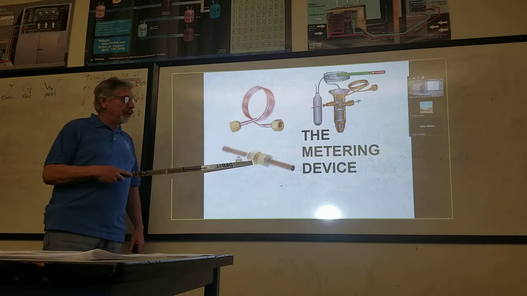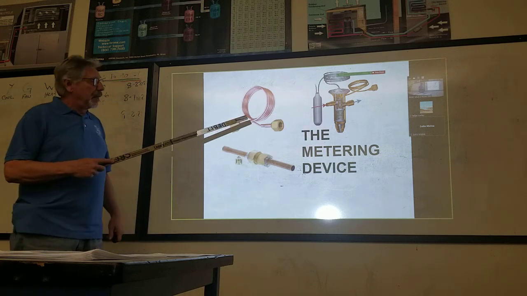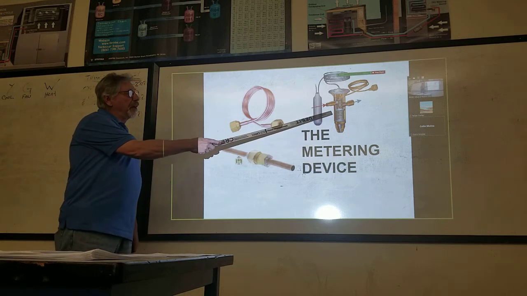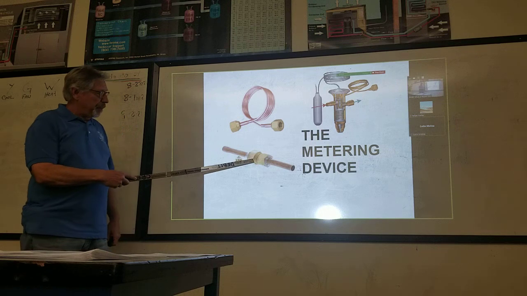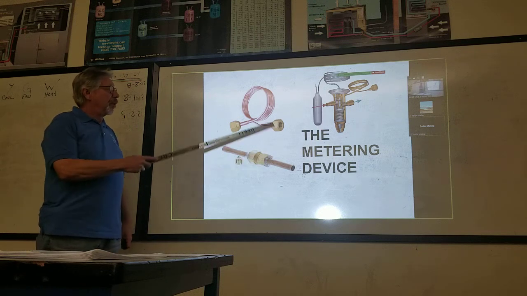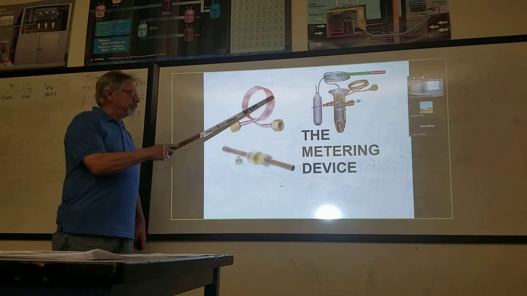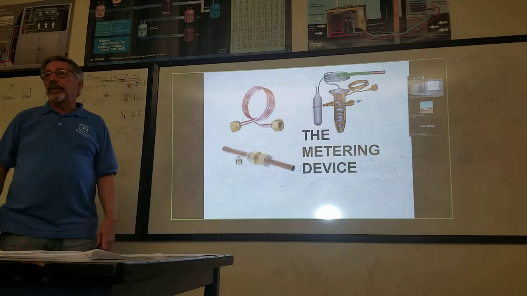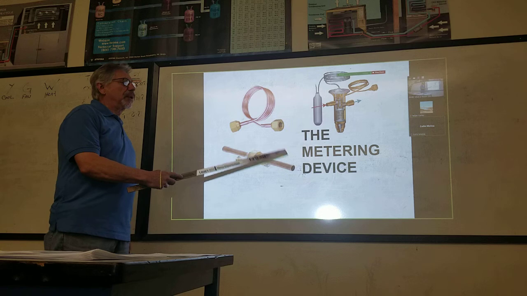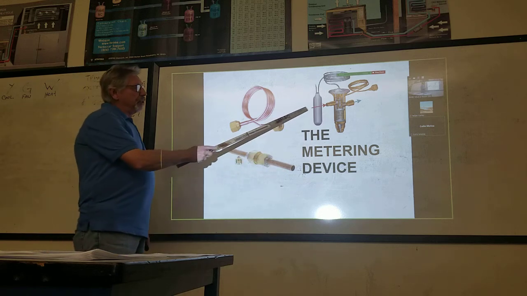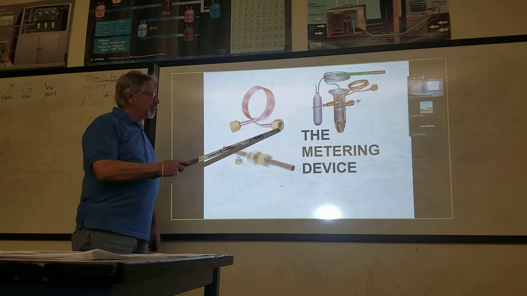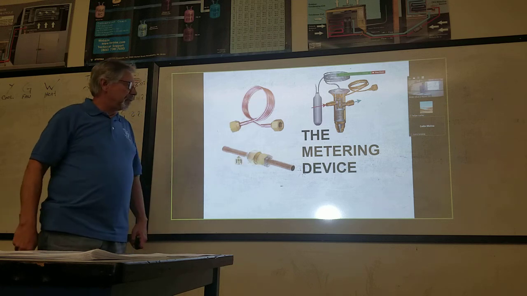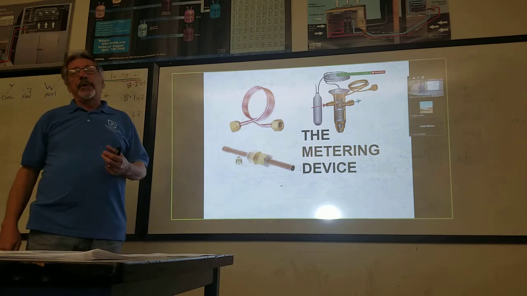Now we come to the metering device. The metering device could be either an expansion valve, a piston, or a capillary tube. All this does is restrict the refrigerant flow. Once it's turned into a liquid, it comes into the metering device and it restricts the flow.